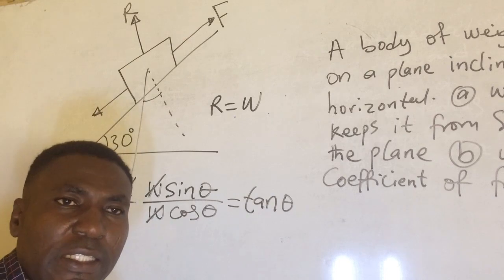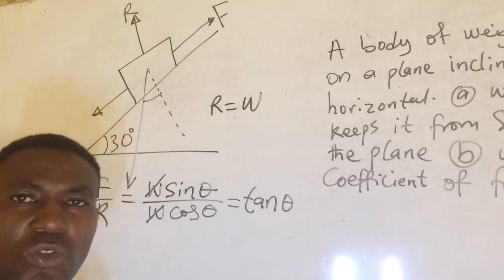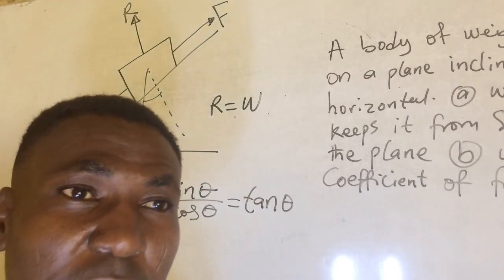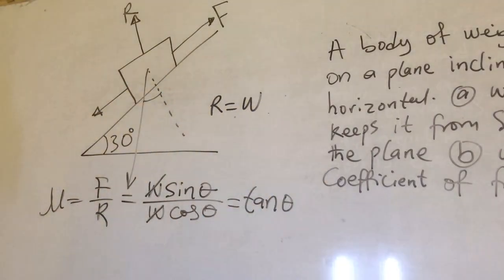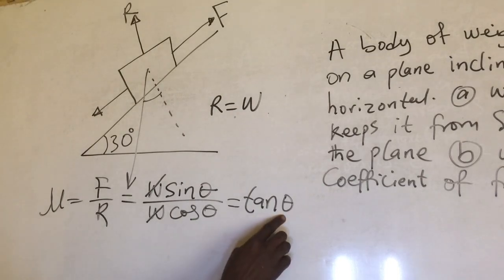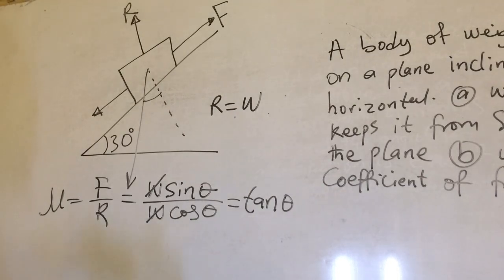In our mathematics, I will still treat this in a triangle to clarify this for you. Theta represents the angle. We have 30 here.